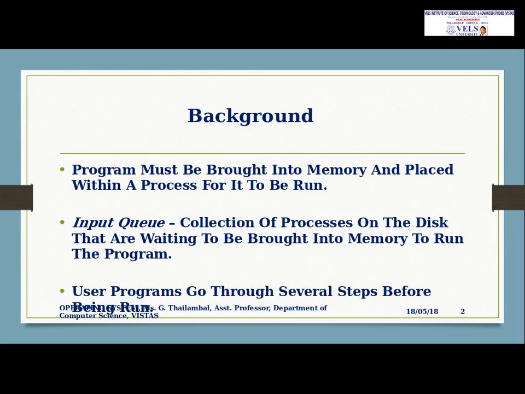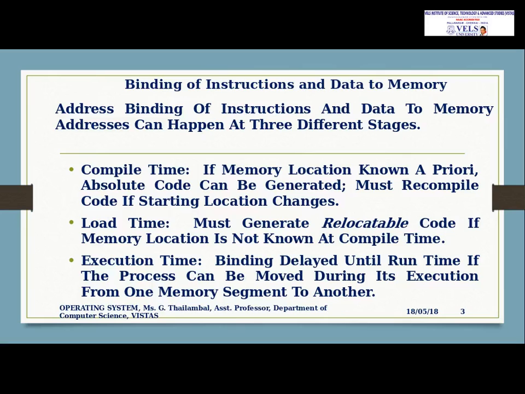And user programs, before execution, go through different steps. Every memory instruction or data needs to be bound in each phase, that is in compile time, in load time, and also in execution time. In compile time, if we already know the memory location, absolute code can be generated. Absolute code is nothing but the memory address can be generated very easily.